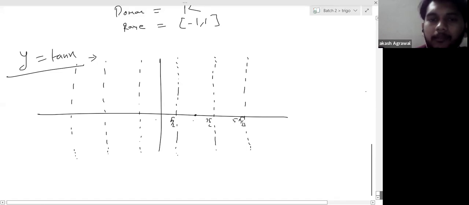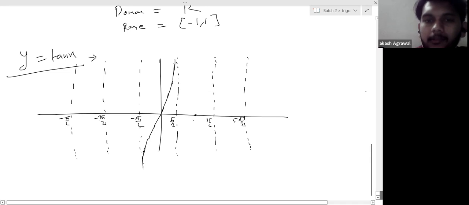In between are pi and all. Minus pi by 2, minus 3 pi by 2, minus 5 pi by 2. At pi by 2, that is infinite. At minus pi by 2, minus infinite. So graph will be like this.